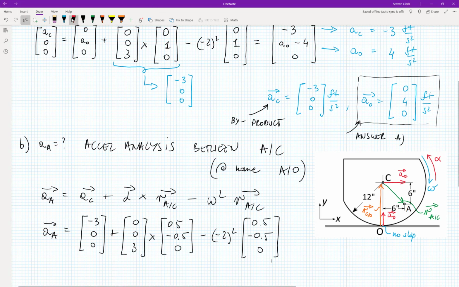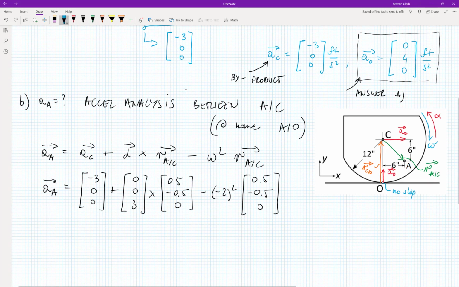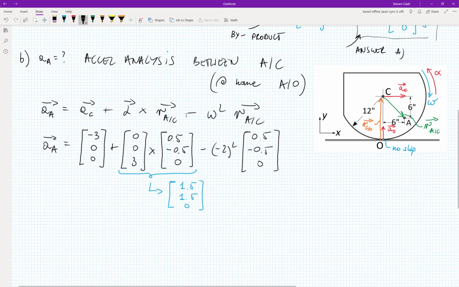Okay, guys, if you solve this determinant, you will end up with 1.5, 1.5, 0. And that means that our acceleration of point A is the following.